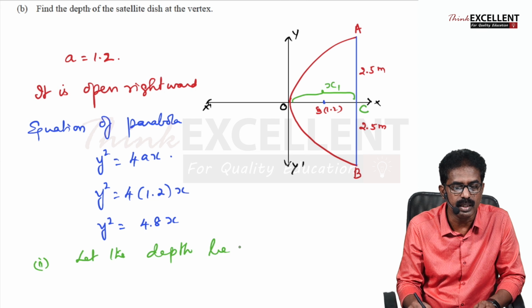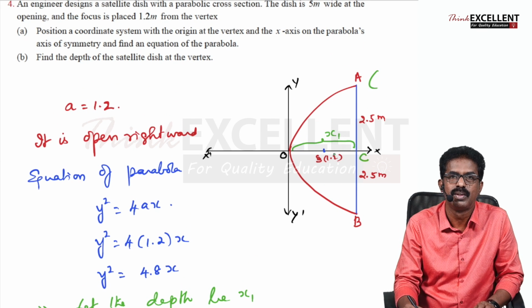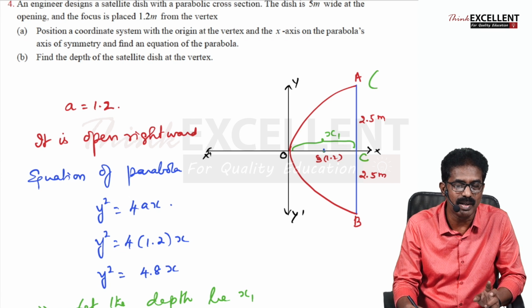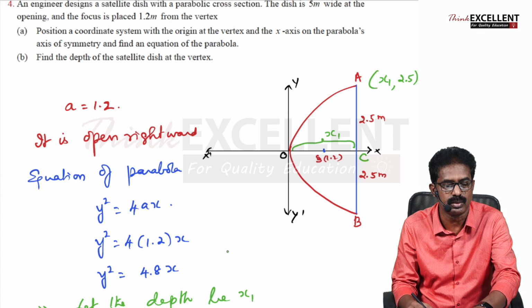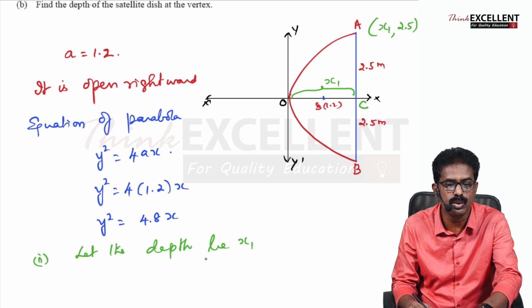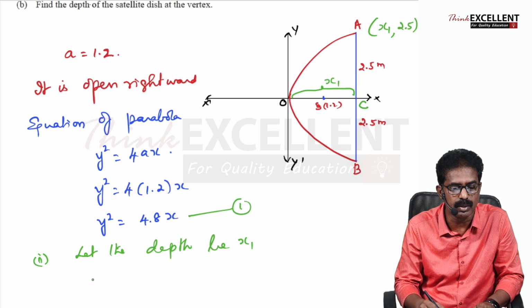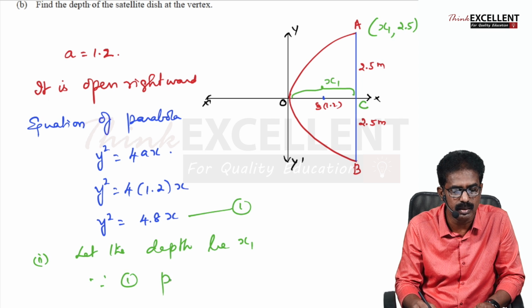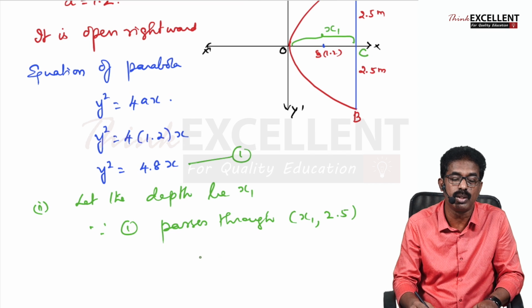the depth be x1. So can you say the coordinate of A? It is in the first quadrant, so both x, y values are positive. So here the x coordinate is x1 and the y coordinate is 2.5. So it passes through x1, 2.5. Since equation 1 passes through the point x1, 2.5, for x you put x1 and for y you put 2.5.